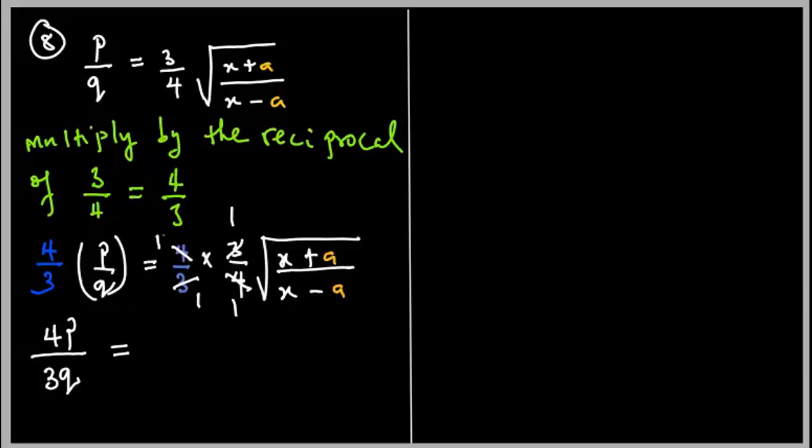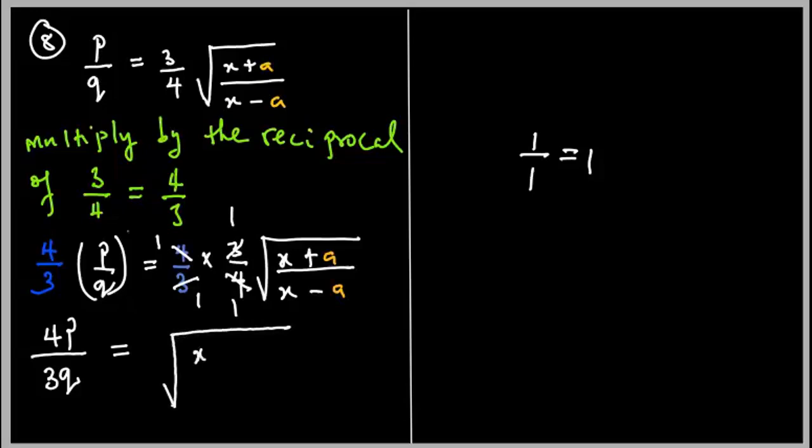What do we have left? 1 times 1 is 1 over 1 times 1 is still 1, and 1 divided by 1 is 1. So everything here becomes 1. And if anything is multiplied by 1, we still have the same thing.